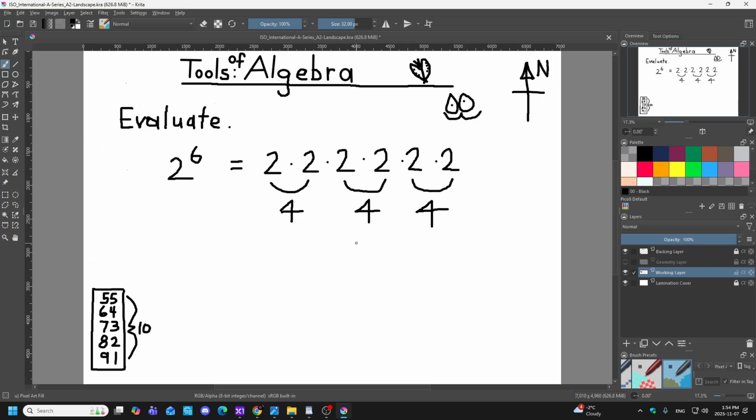As long as you multiply all the numbers together correctly, you will get the correct answer. I can multiply these two together first, or these two first. It does not matter because multiplication is multiplication, and you will get the same answer no matter which order you do things. That's the greatest thing about multiplication.